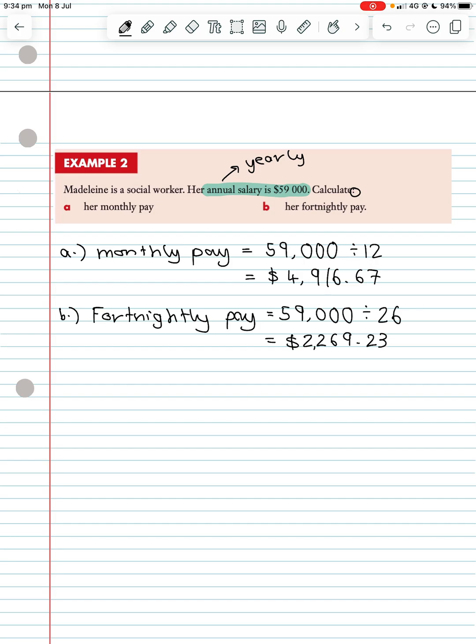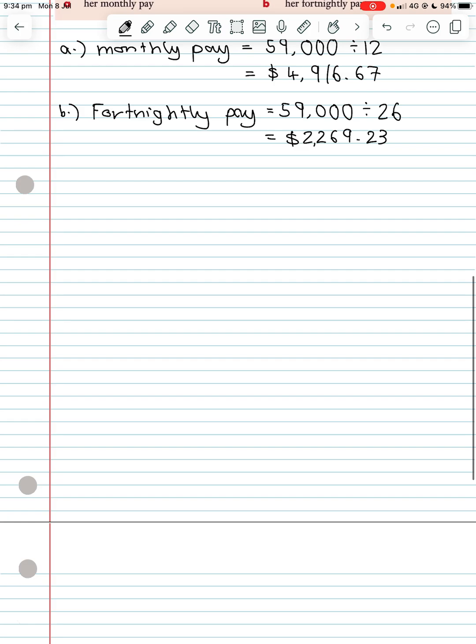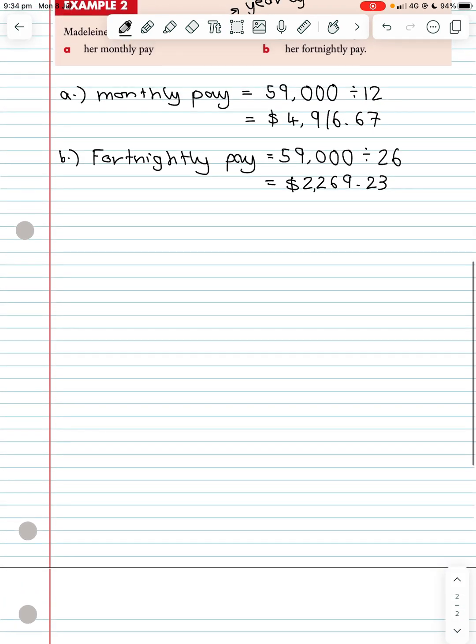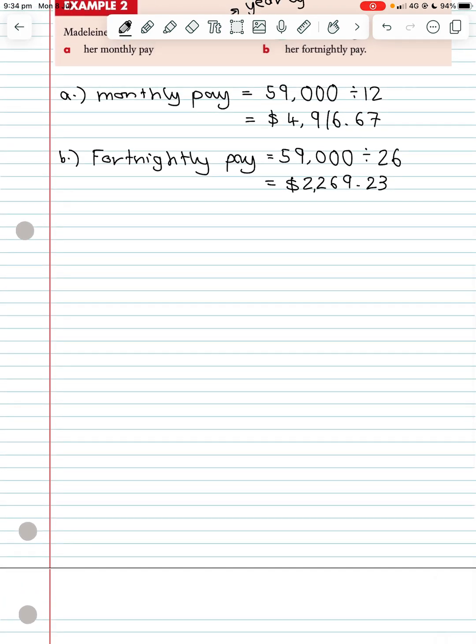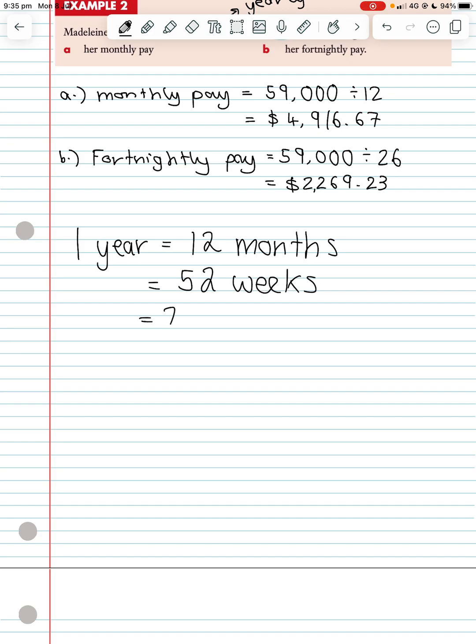Now, just so we're clear before we go into this exercise, 1 year is equal to 12 months. It's also equal to 52 weeks, or 26 fortnights.